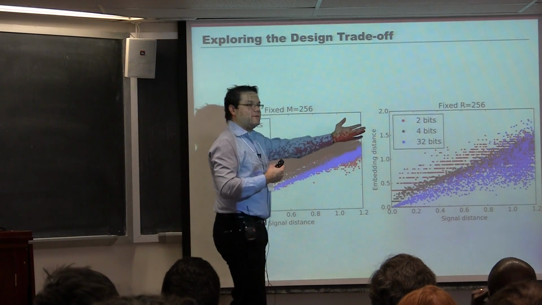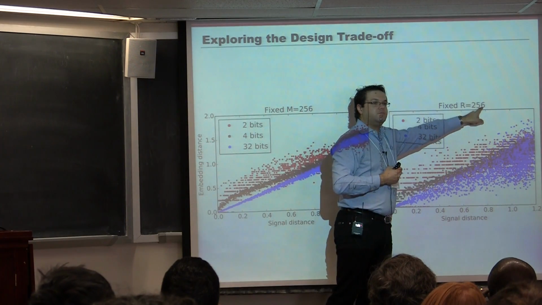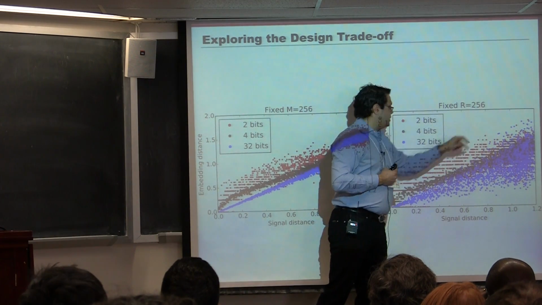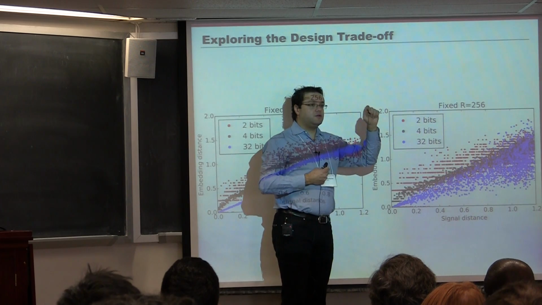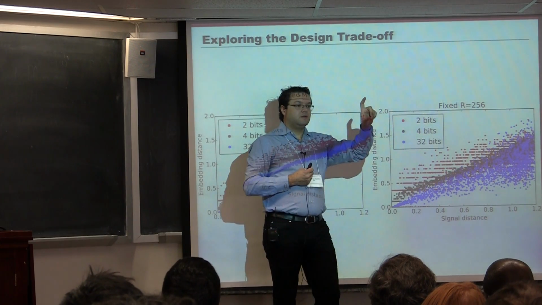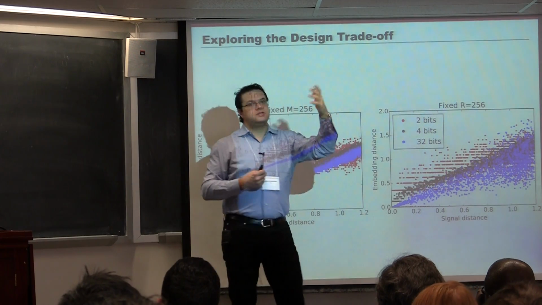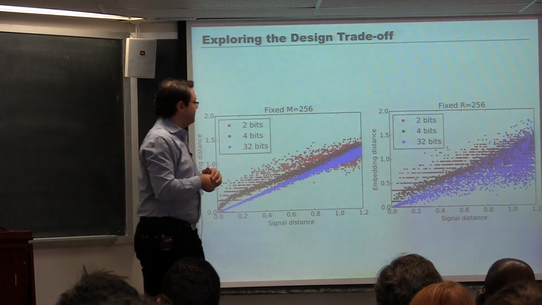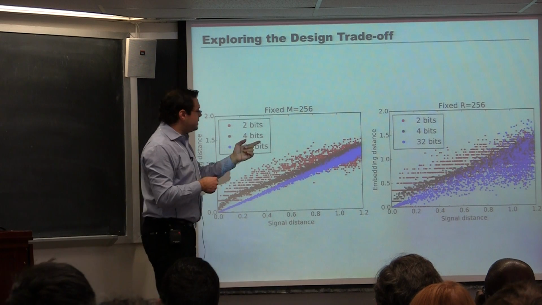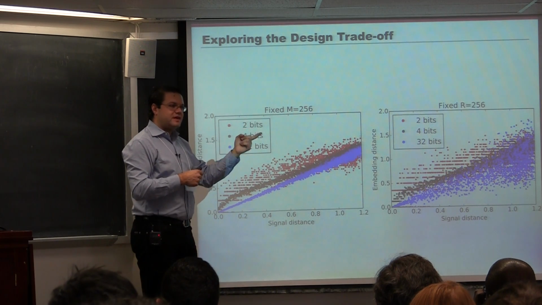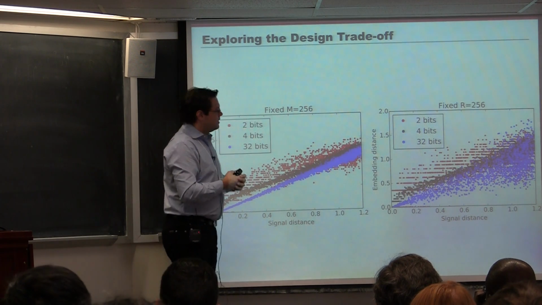So here I'm doing the same experiment, but I'm now fixing the rate to be 256 bits. So the 2-bit embedding will use a 128 dimensional projection, whereas the 4-bit embedding will use half of that, a 64 dimensional projection.